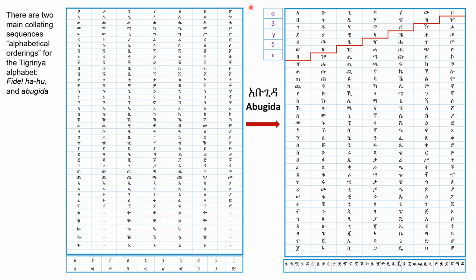Both orders, Hahu and Abugida. Those labials are used only in the Amharic language.